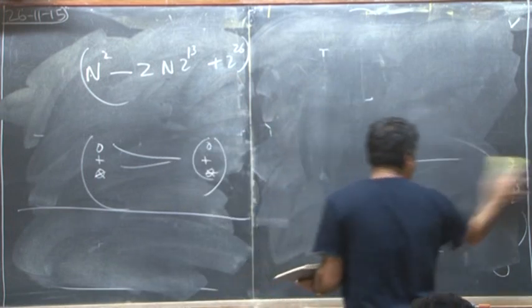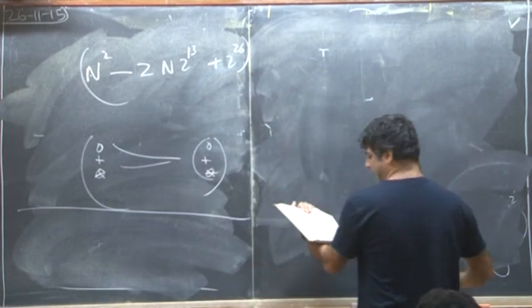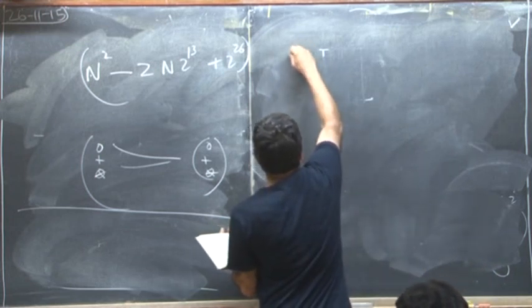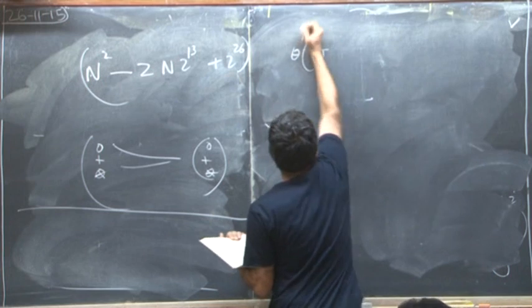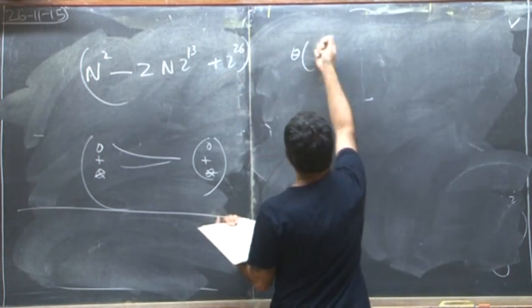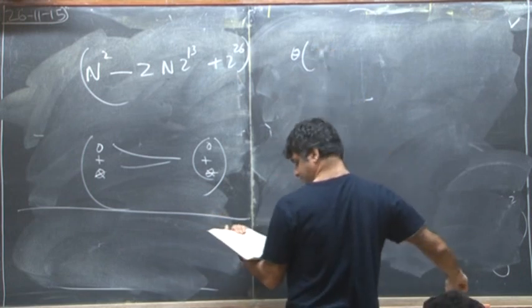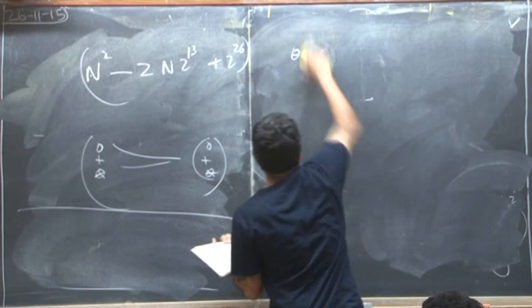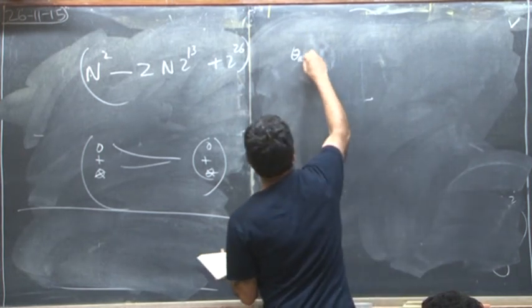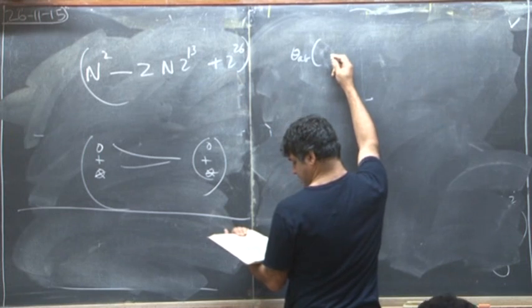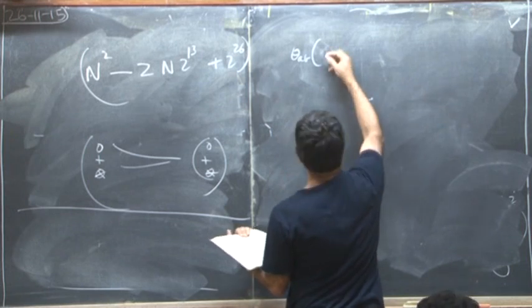Alright. So the definitions that these people gave us 100 years ago were this: theta AB. So there's this thing that is defined as theta AB of nu and tau.